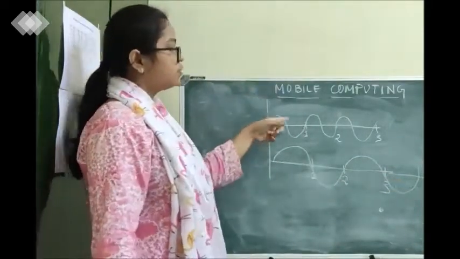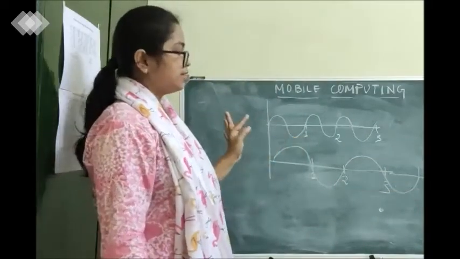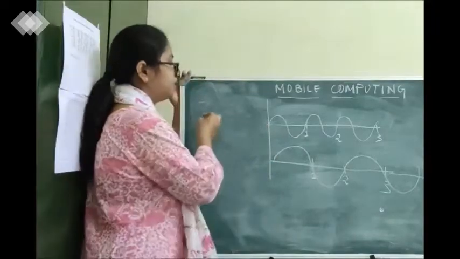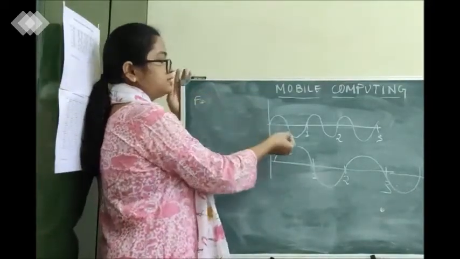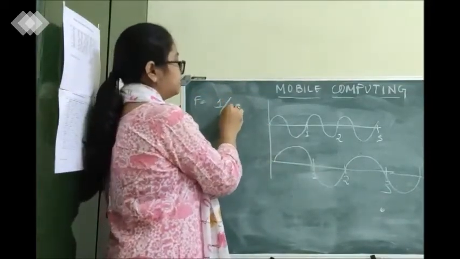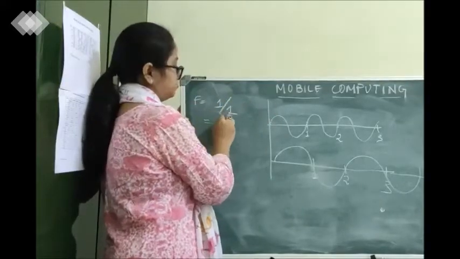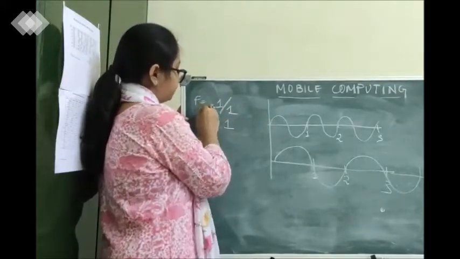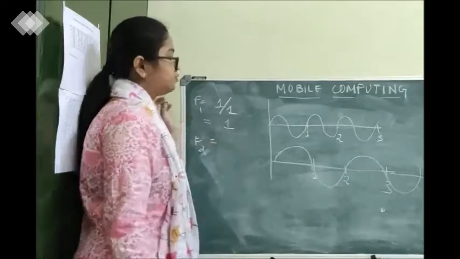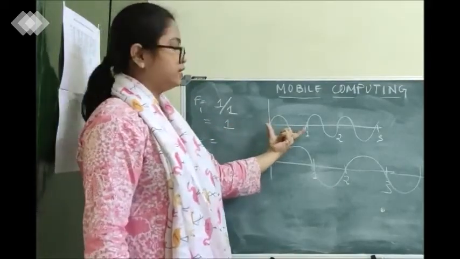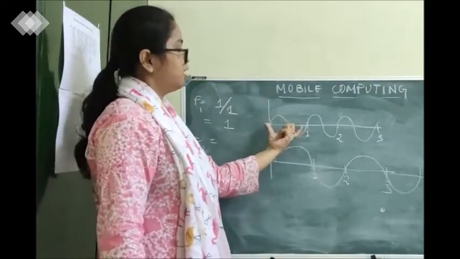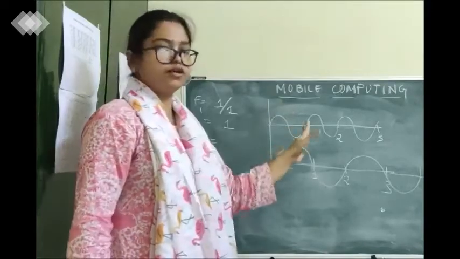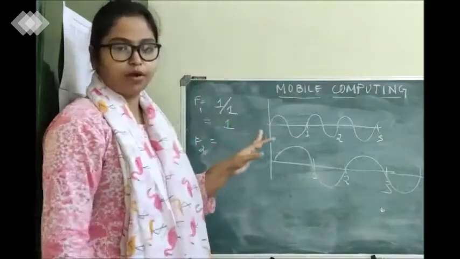How much time does it take to complete one cycle? Please observe. One cycle is completed in 1 unit of time. So the frequency is 1.